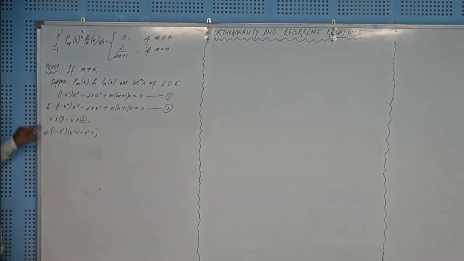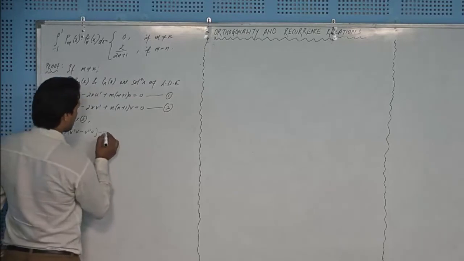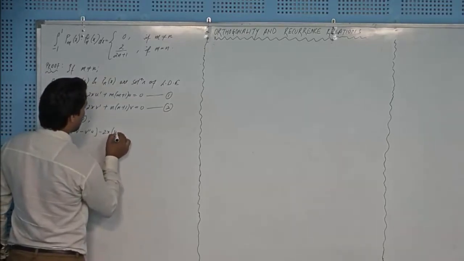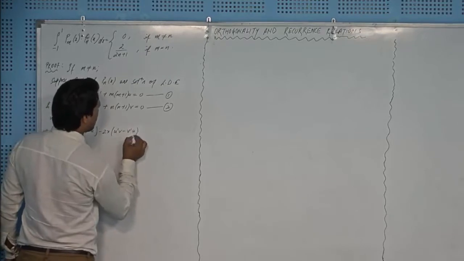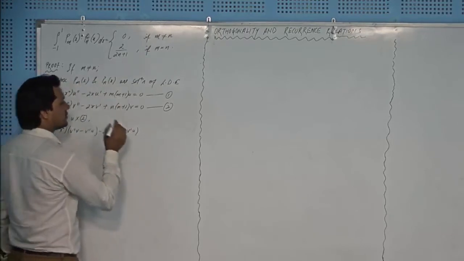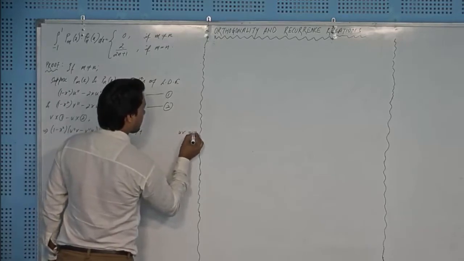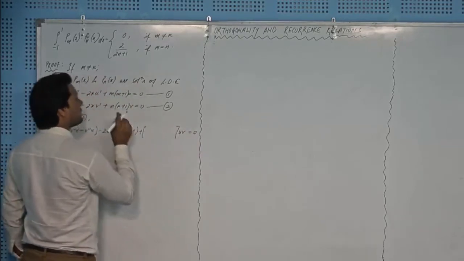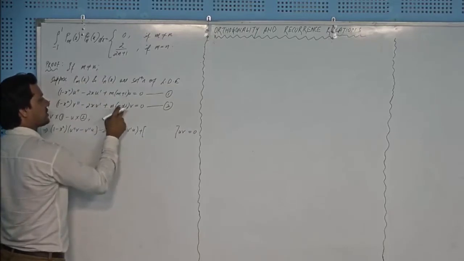For the second terms, minus 2x will be taken common, and inside the bracket we will have u dash v minus v dash u. And for the third term, uv will be taken common, and inside the bracket you will have m square plus m minus n square plus n.